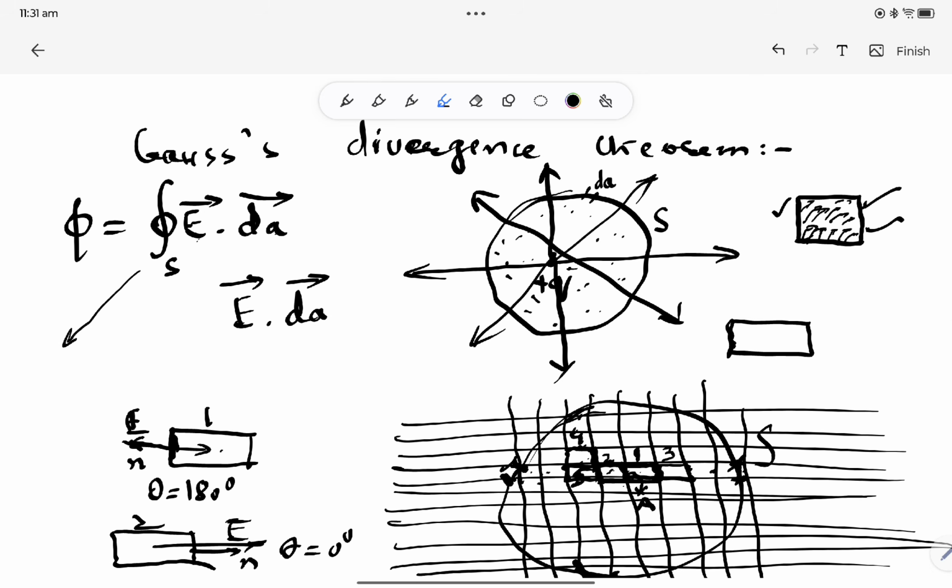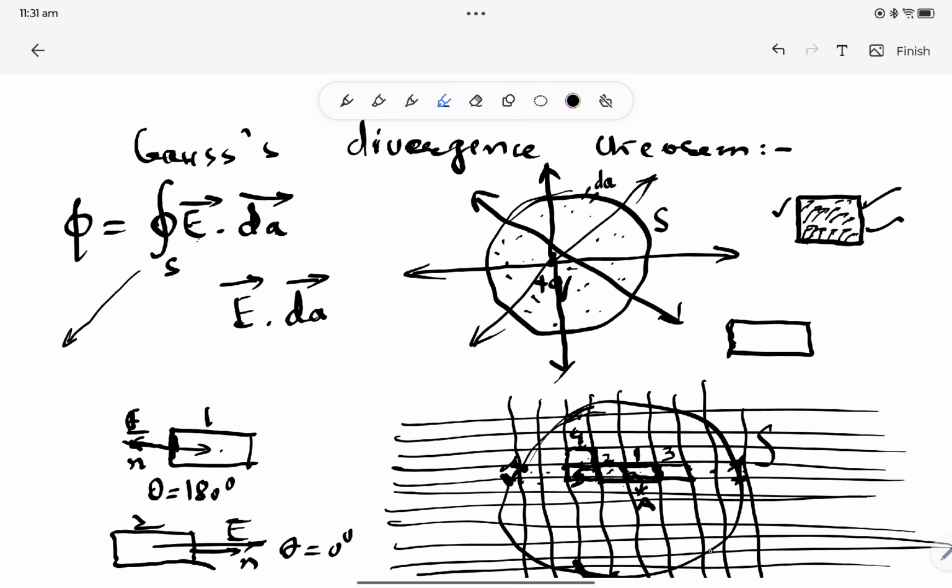So, dear students, with this you understand what I mean: flux through this surface can be calculated by dividing the volume inside the surface into very, very small volume elements, cubes, and then calculating flux through each cube and adding up the fluxes through all the cubes.